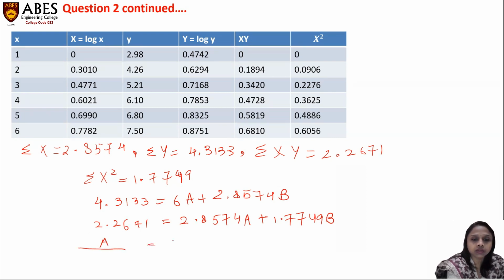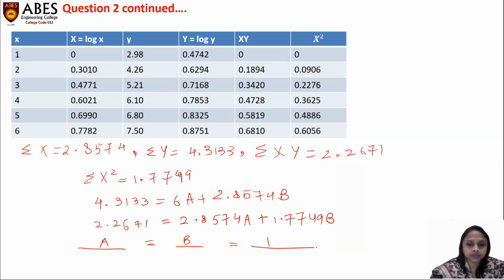That is a, b, and in the end, we will consider the constant term 1. So a will take the value 1.1777. B will take the value 1.2778. And third, for constant, we will get this.